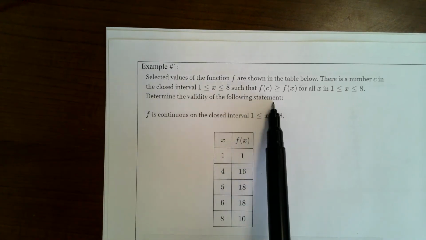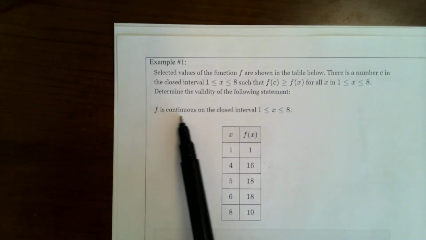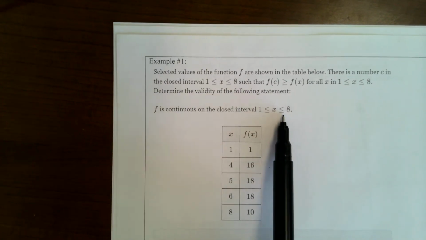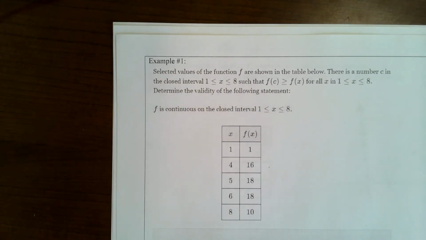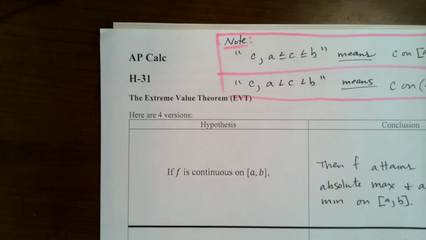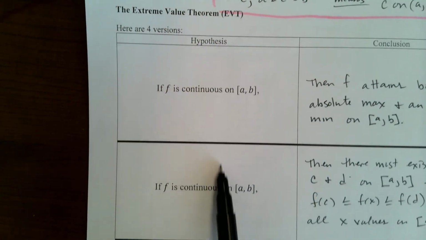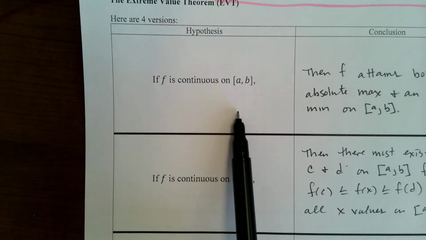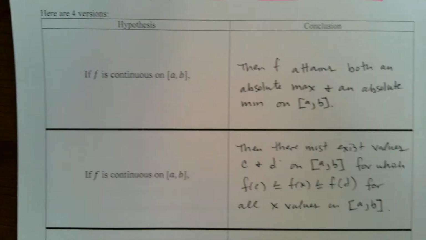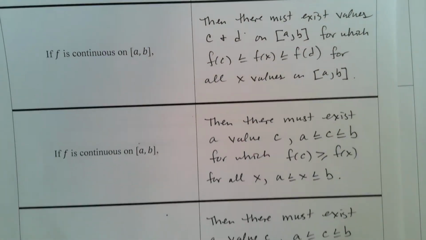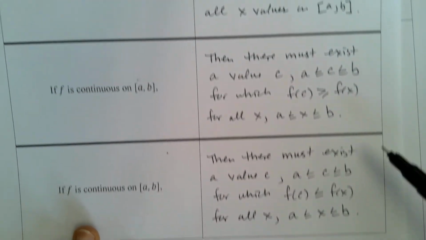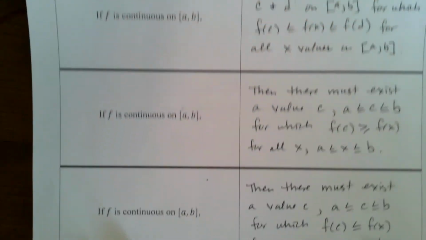Determine the validity of the following statement. So f is continuous on the closed interval. So guys, the extreme value theorem says if f is continuous on AB, then any one of these things, they're all basically saying the same thing in different ways, then any one of these things has to be true.